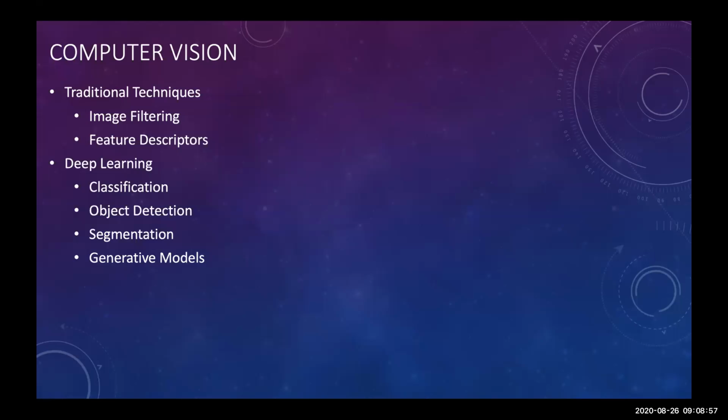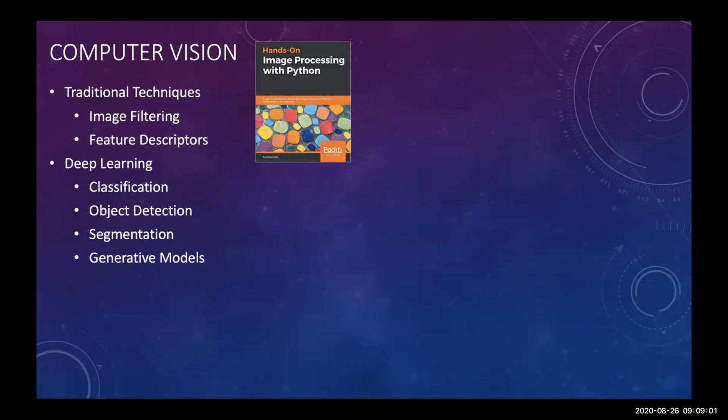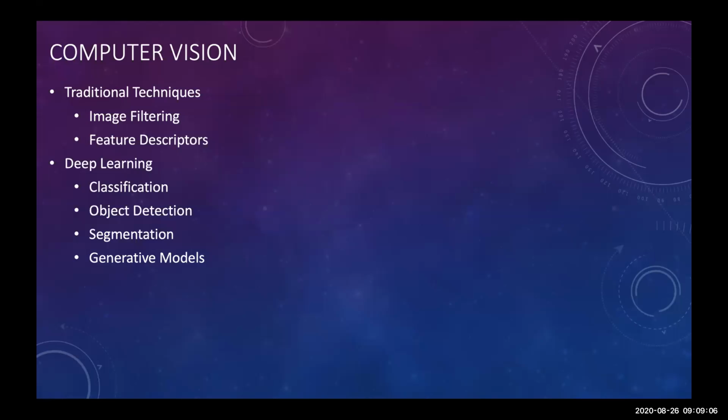Deep learning and neural networks are able to utilize those GPUs, speed up computation, and learn a lot faster. That's when deep learning really started to take off and dethrone a lot of the traditional techniques.